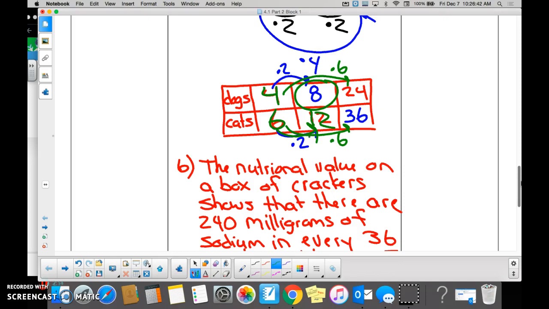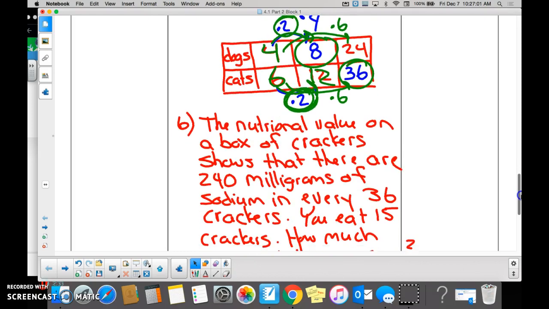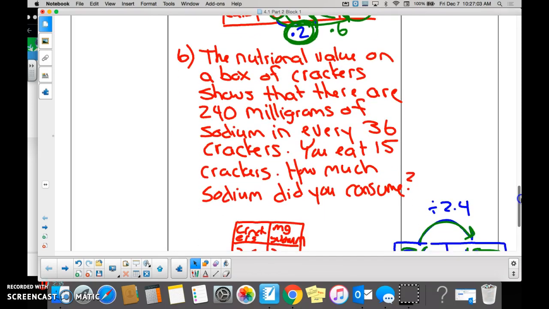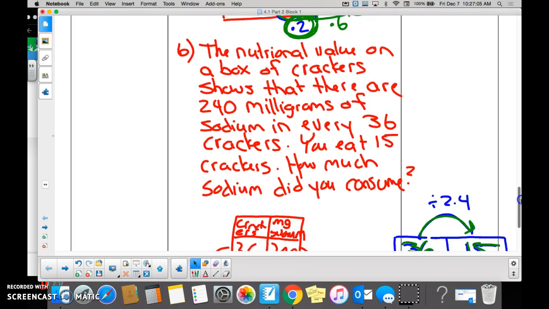Yeah. Which was how many more times? So you have to multiply that person's dogs by 2 to get to my second person's dogs. I'm not being very clear on how I explain this, but do you understand what we're doing here, right? Yeah. Okay? And then you also had a missing number here, which you use equivalent ratios to solve for. But really the big understanding would be number 6. If you get what happened in number 6, you are golden.